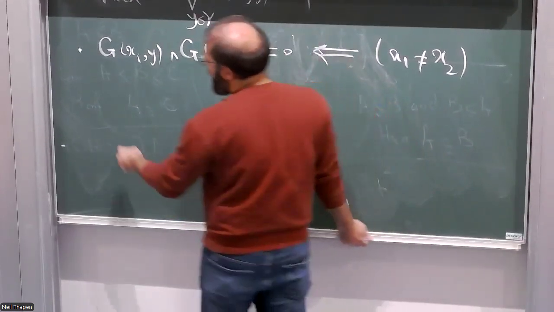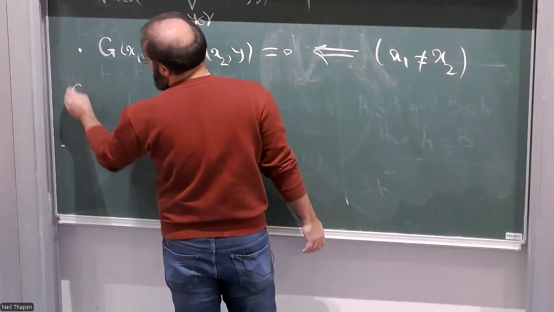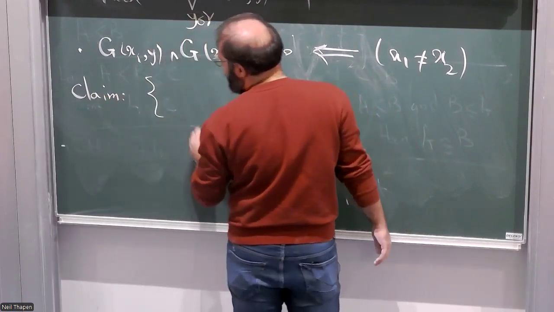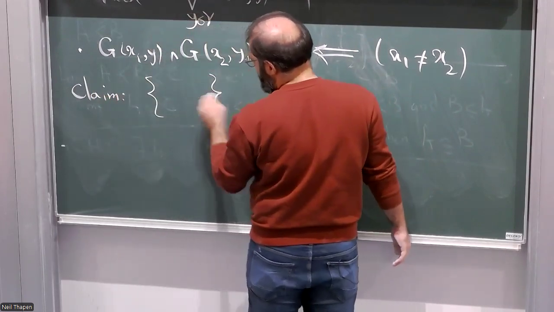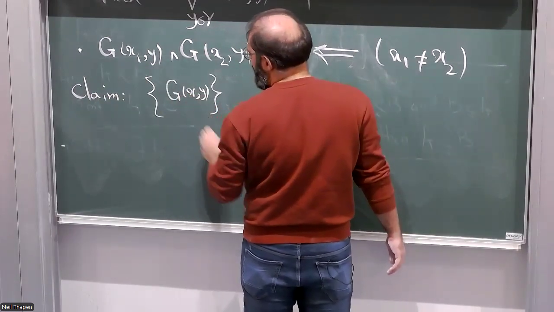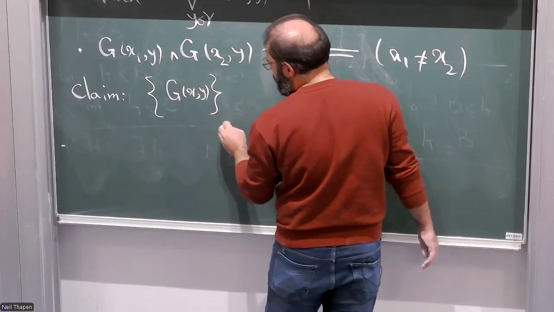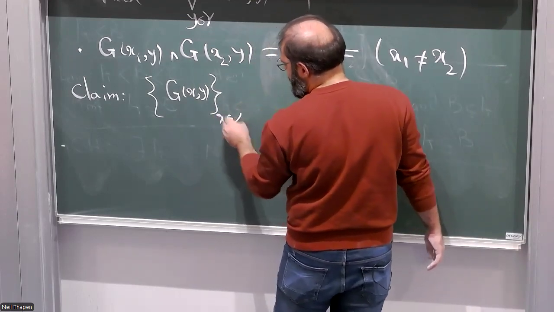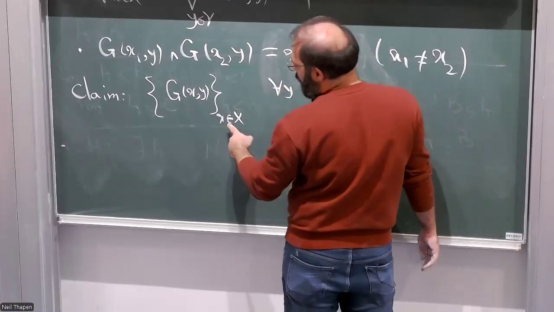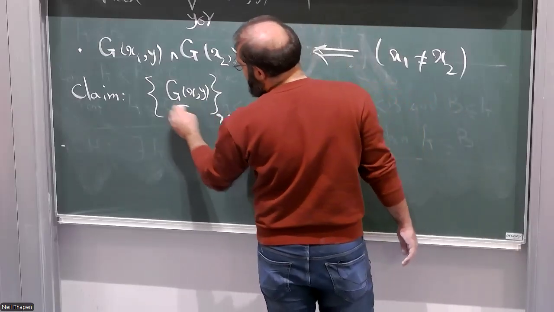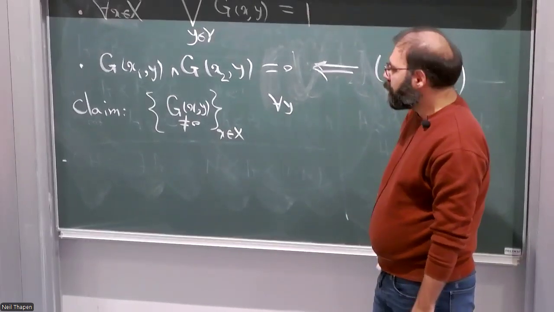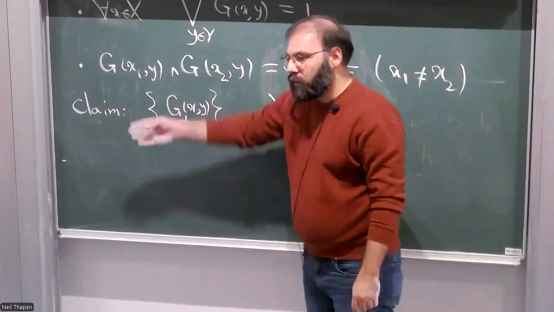First, let me prove something, and the claim is that for any fixed y, pick all possible values of this apart from 0, and go over all the x's.